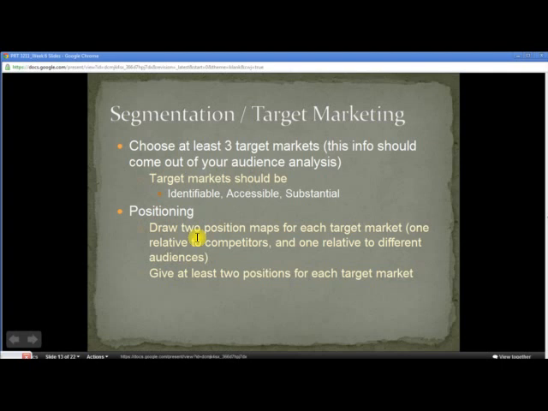So for each of those 3 target markets you pick, you're going to draw a position map. Looking at the quiz, it looks like you guys had a pretty good grasp of these, so I think you'll be fine. But I want you to draw 2 for each of your target markets for a total of 6. So 1 is going to be relative to competitors. You're going to put your company, whatever 2 axes you choose based on the characteristics, and 3 competitors at least.